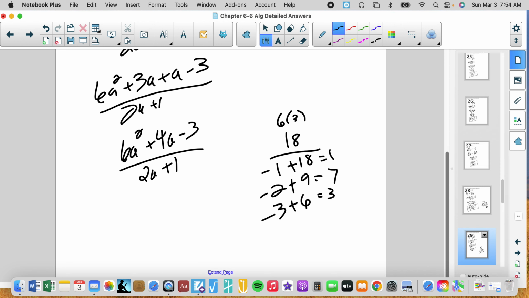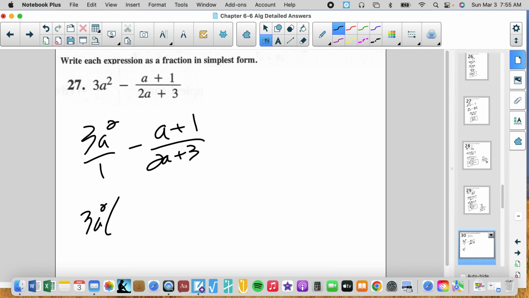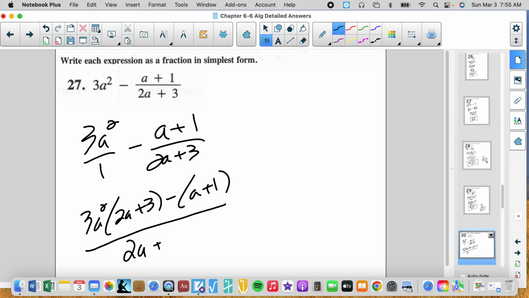And there's no common factor amongst the three of them. Oh, okay. This one will be interesting. So we get 3a squared times 2a plus 3 minus the quantity a plus 1 all over 2a plus 3.